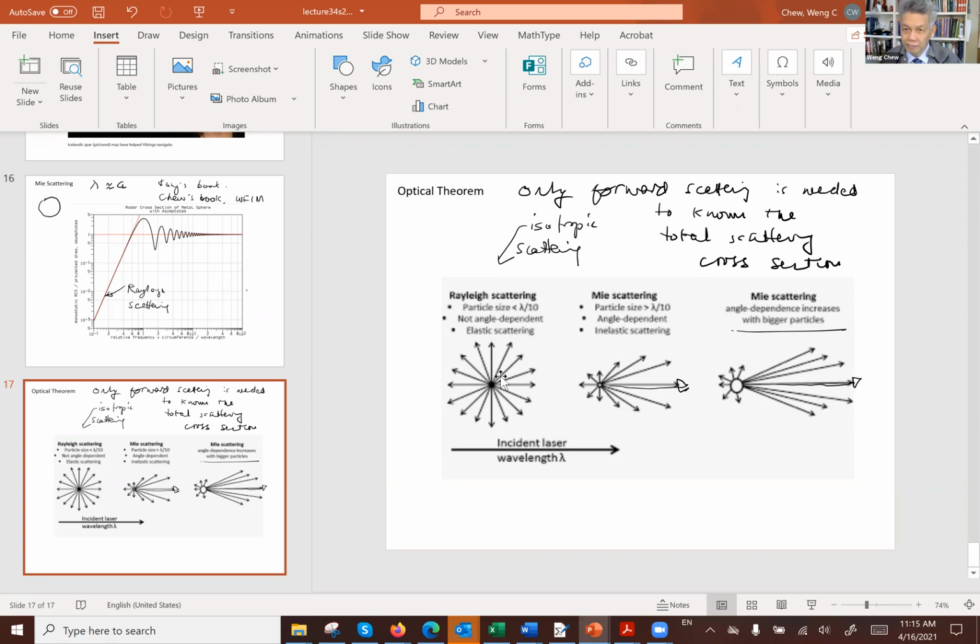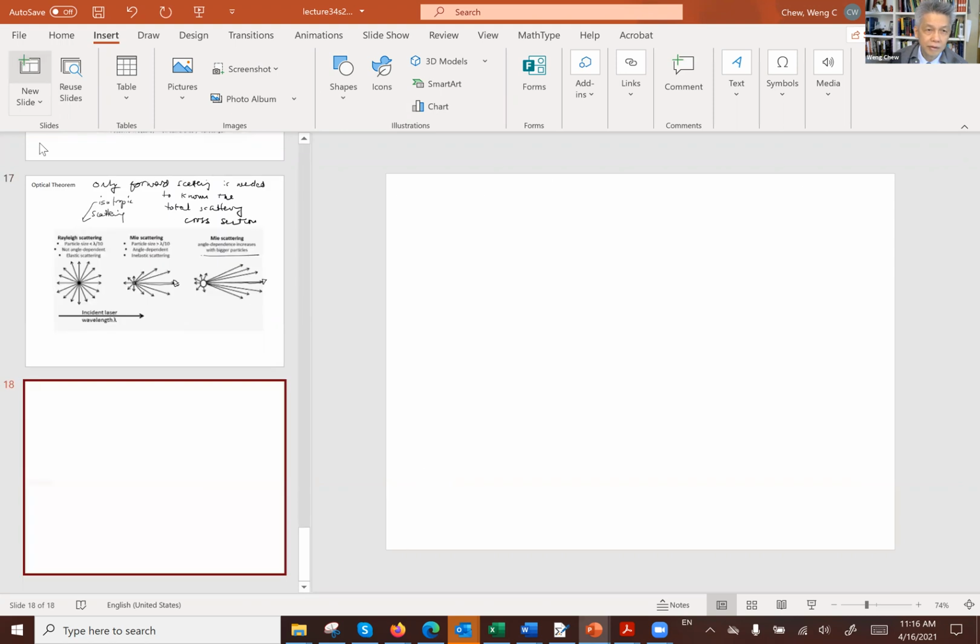It is not easy to prove, but I can give you an intuitive reason as to why this is true. When you have an object and the wavelength is long, the energy gets scattered in all directions.